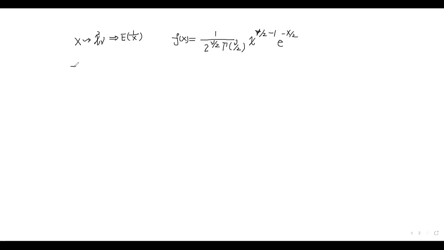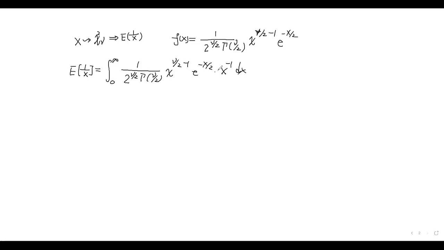Okay, so now I'm going to find the expected value of 1 over X. It will be the integral from 0 to infinity, where I put in the PDF: 1 over 2 to the V over 2 times gamma of V over 2, times X to the V over 2 minus 1, times e to the minus X over 2, times X to the negative 1, dx.